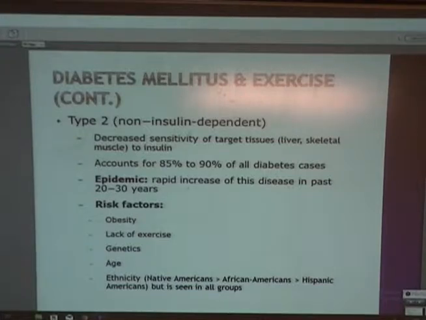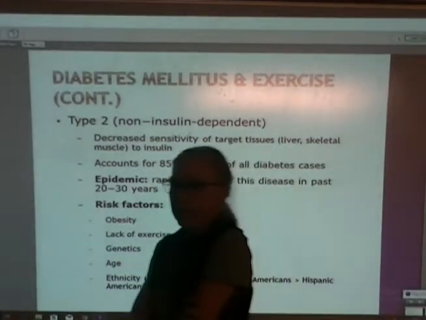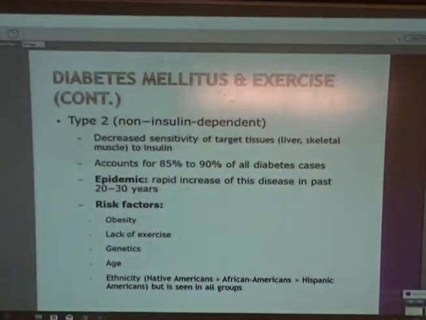So type 2 is called non-insulin dependent because in type 2 there's nothing wrong with the pancreas. The pancreas is producing insulin just fine. The problem occurs because with type 2, the person has developed decreased sensitivity at the membrane to the insulin.